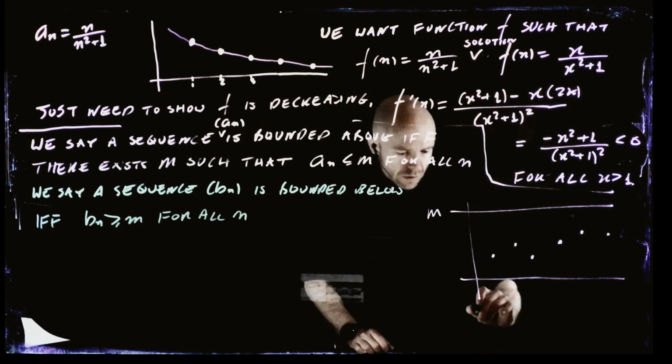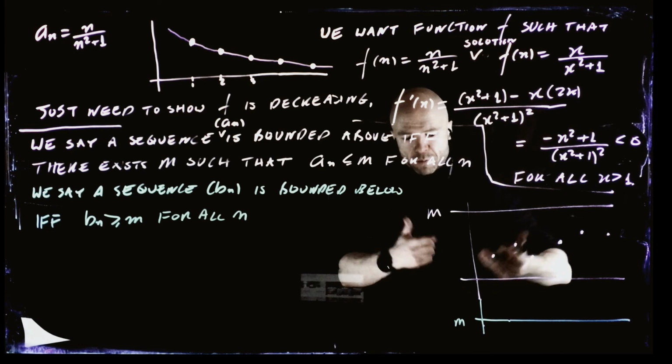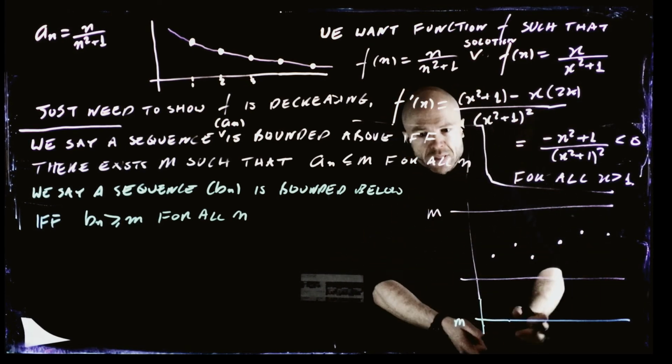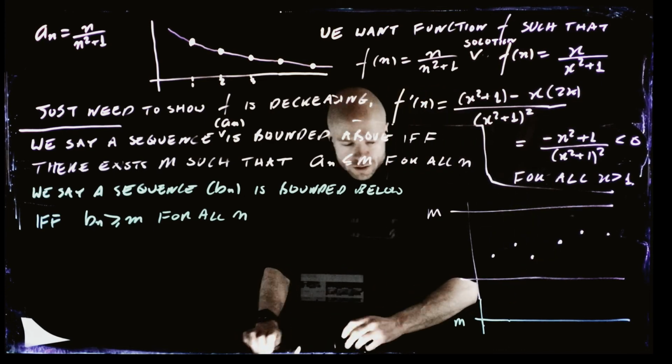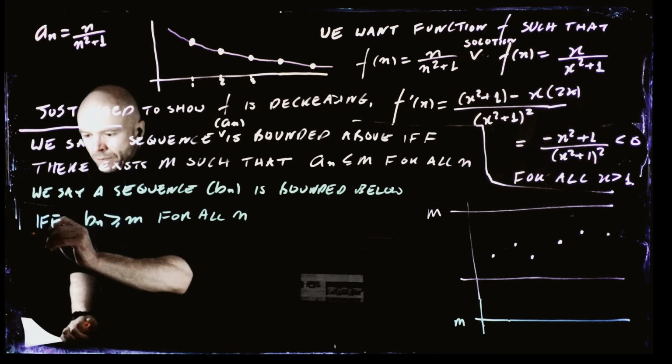So again, that's easy to visualize. We have some m here. It doesn't have to be negative, it could be positive, I just drew it this way, such that all the elements of our sequence are above this.